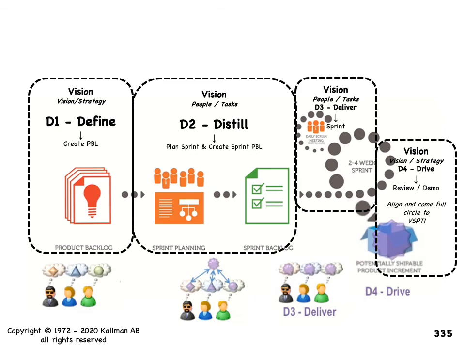And then through the iterative sprint planning, sprint after sprint after sprint, as those sprint backlogs are created and everybody starts agreeing on what it is that they're going to deliver, when they go to delivery, okay, D3, deliver, in those sprints, in those daily work that they're doing down at the people task level, at the end of the sprint, you bring it back full circle, making sure that what you just produced in the way of incremental product, service, or result, that it actually is matching up to the sprint goal and ultimately to the vision for the product or service or result that you're trying to deliver.